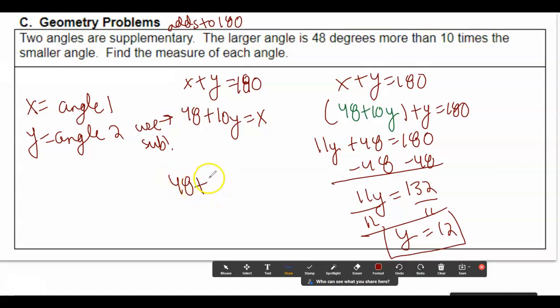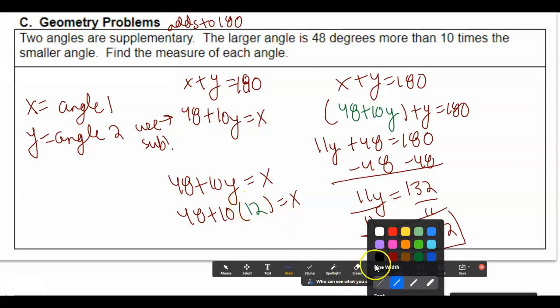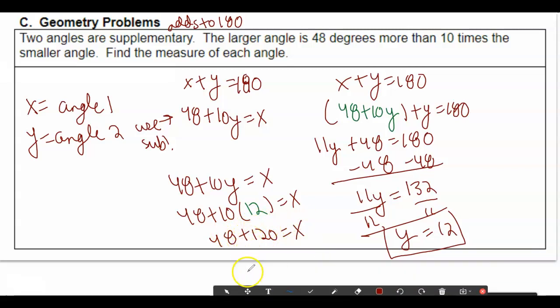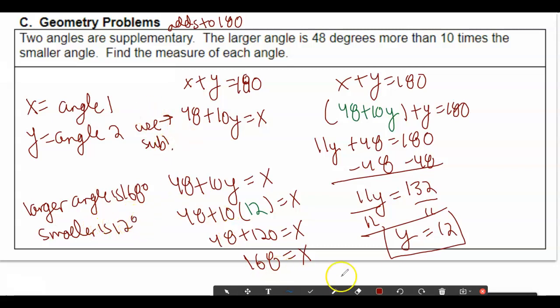And I know that 48 plus 10Y equals X, and I know that Y is 12. So the larger angle is 168 degrees, the smaller is 12 degrees.